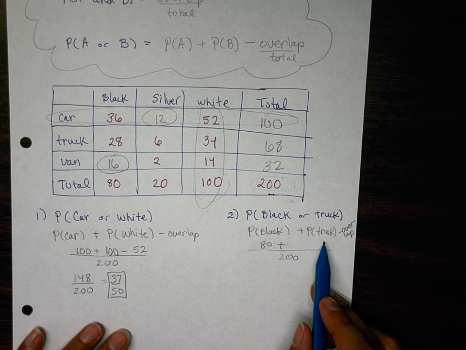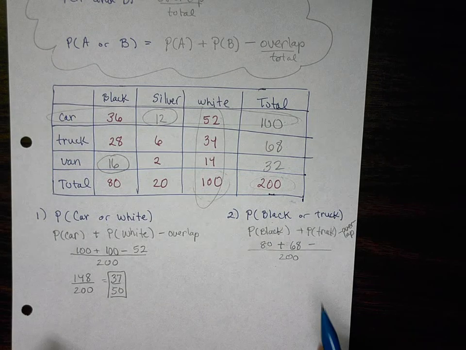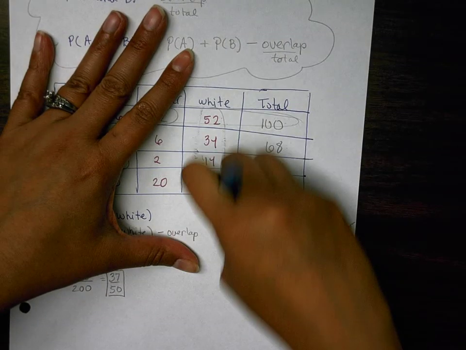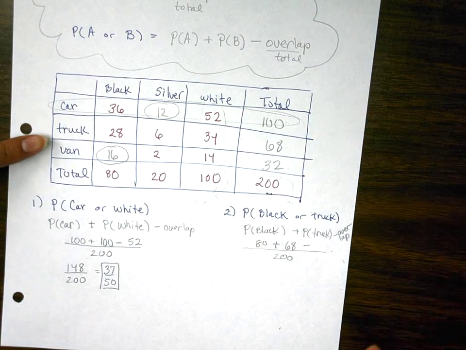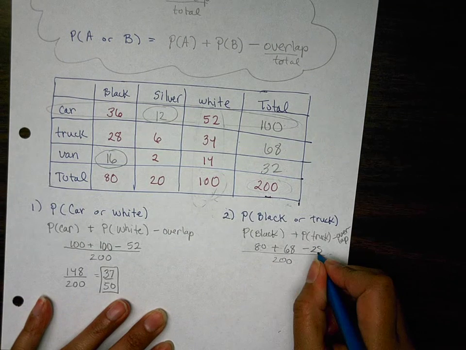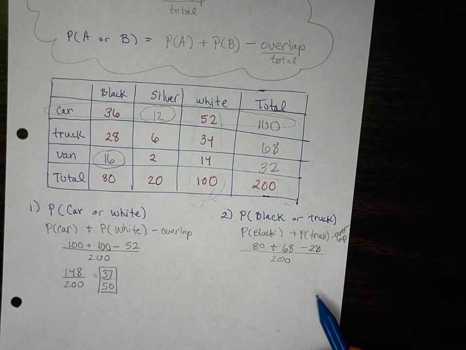How many trucks do we have? 68 out of 200 minus overlap, which is a black truck. Where do black and trucks overlap? Truck, black, right here, 28. Plug it in your calculator: 80 plus 68 minus 28, all over 200.